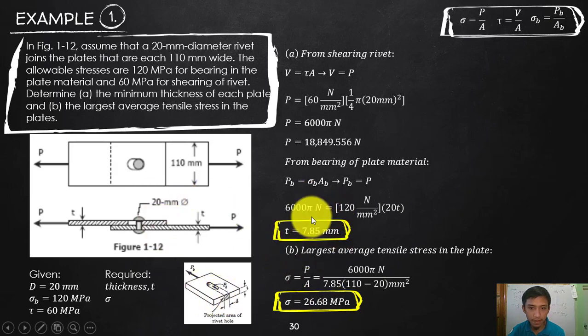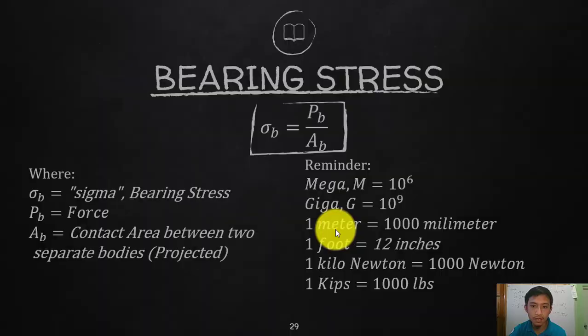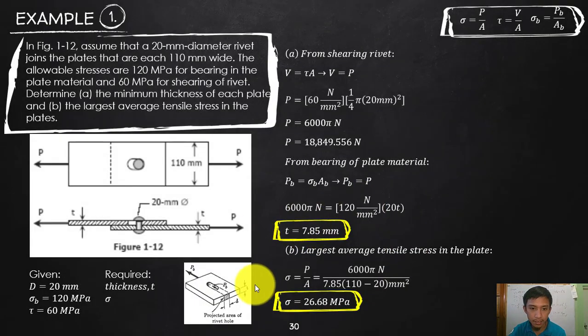How will I find that bearing area? That is the projected area. Okay, so again, that is the simplified rectangle, which has the dimensions of the area here, due to the thickness of the plate, and the length of the rectangle, which is the diameter of the rivet, or if that is a bolt. Okay, so that is the area of the rectangle: diameter of the bolt D times the thickness of the plate.